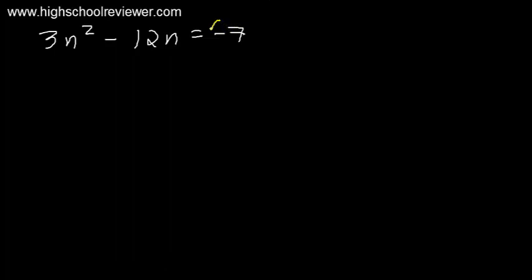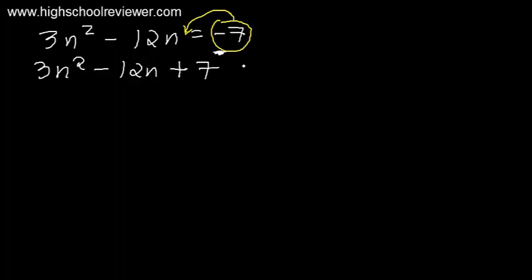What we need to do is transpose negative 7 to the other side so that all the terms will be combined. So transposing, this will now be 3n squared minus 12n. If we transpose negative 7, this will change sign. This will become positive 7 equals 0.